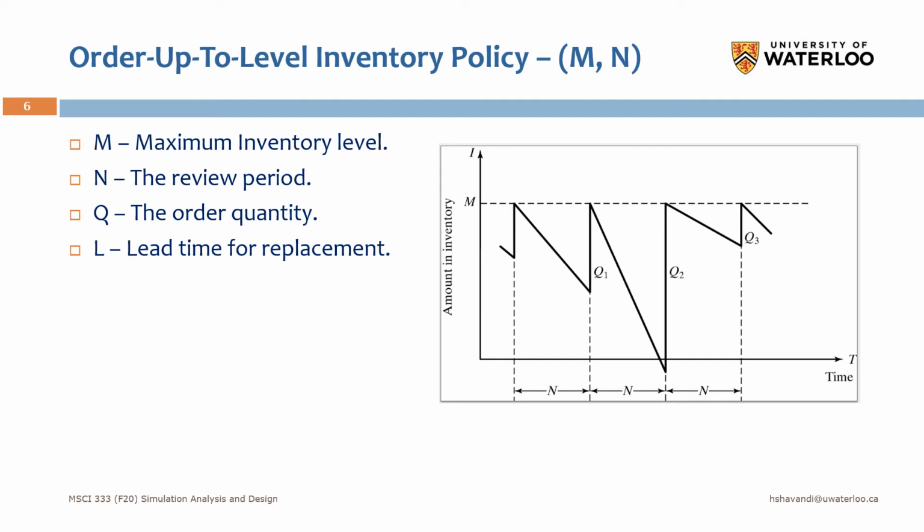Okay, so let's go for the second problem here, the order-up-to-level inventory policy, MN. As you see here, we consider a constant period for ordering. So this means that we're going to order every n days or every n periods.